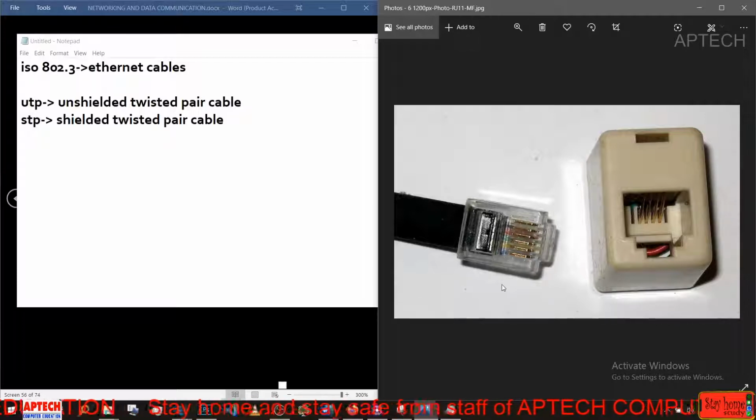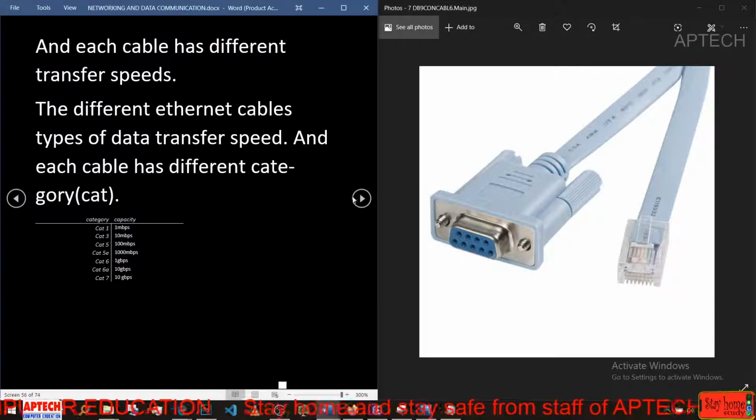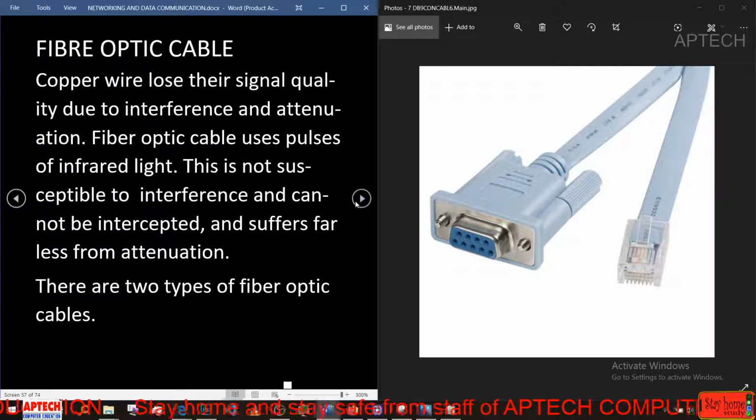So the pairs were just 3. But this one has 4. This is also another connector for the twisted pair. This is what we call a DB9. This connector is used nowadays mostly for configuring Cisco routers. If you are interested in such things, it's one of those things you should know how to use.